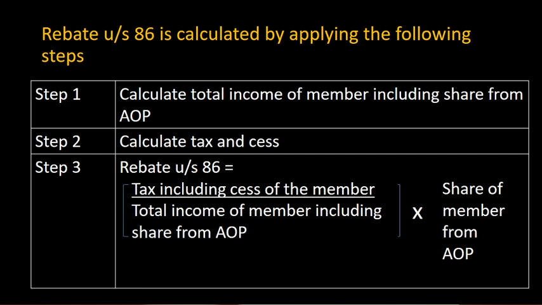Easy? Yes sir. Total income of member including share from AOP, that is step 1. Easy? Yes sir. Into share of member from AOP. Here you should be careful because you already calculated share from AOP separately. That you have to write. Then whatever comes, you deduct from step 2. What comes is the rebate in taxation.